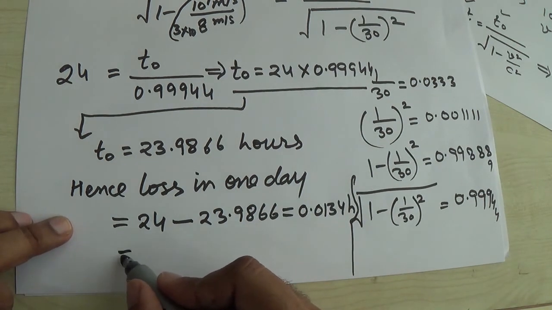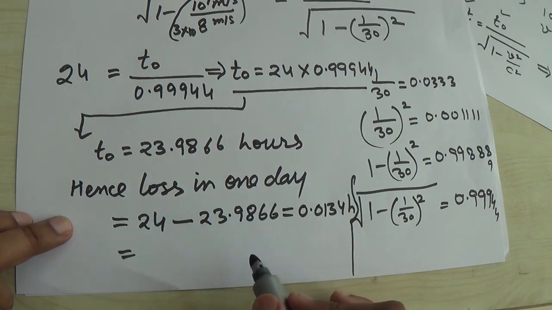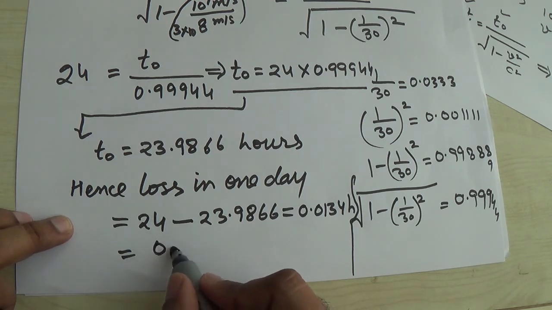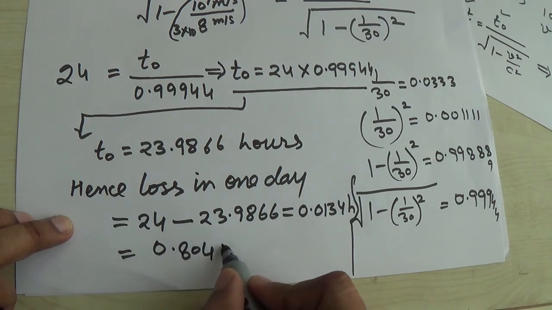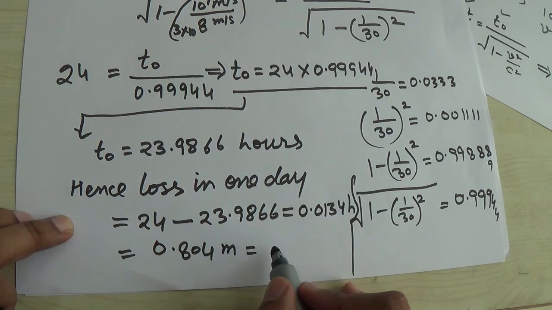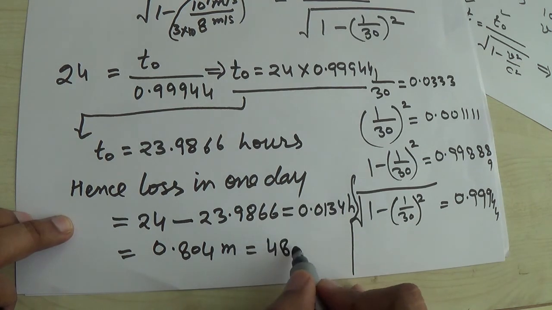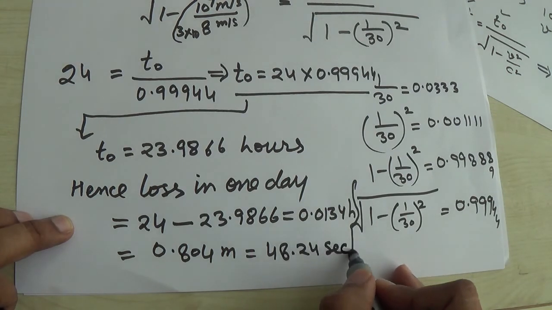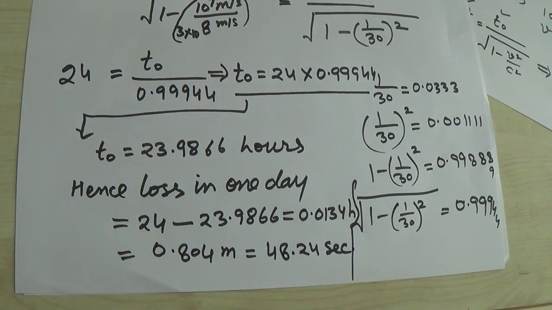Further you have to convert it into minutes and then into seconds. In terms of minutes, this is 0.804 minute. In terms of seconds, multiply it again with 60, so this becomes 48.24 seconds. So this is the difference.